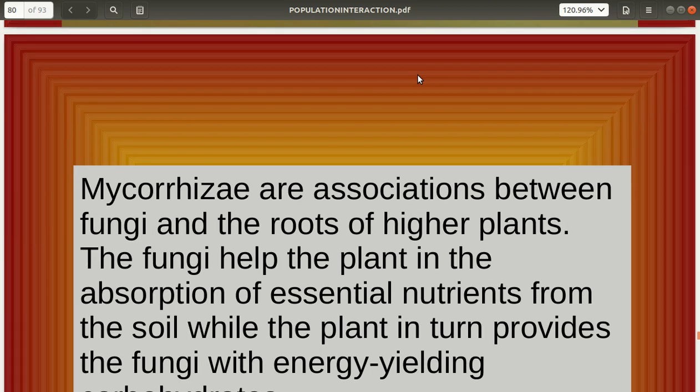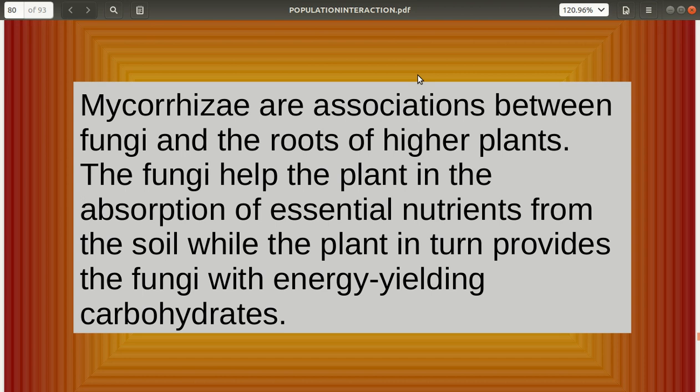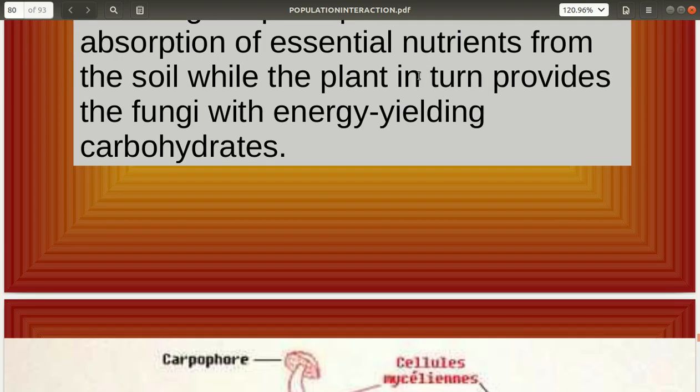So mycorrhizae is another mutualism, where it is an association between fungi and the roots of higher plants. The fungus, that is the mycorrhiza, helps the plant in absorption of essential nutrients from the soil, while the plant in turn provides the fungus with food, that is the energy-yielding carbohydrates.